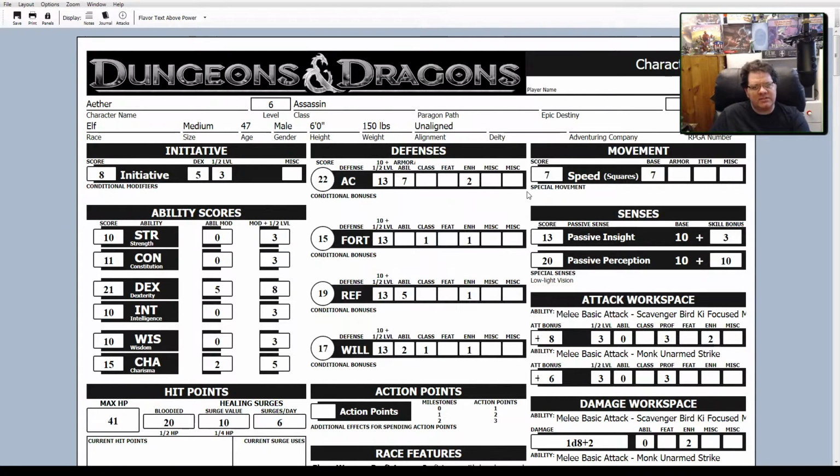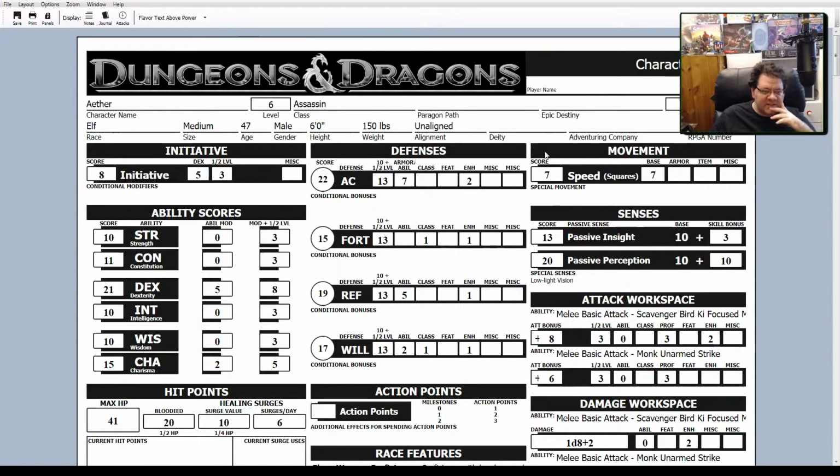Once you got to the second half, really, of the Paragon tier, which is levels 10 through 20, or getting into the Epic tier, which was 21 through 30, the Essentials characters became super underpowered. But at level 6, they're really, really cool and fun.